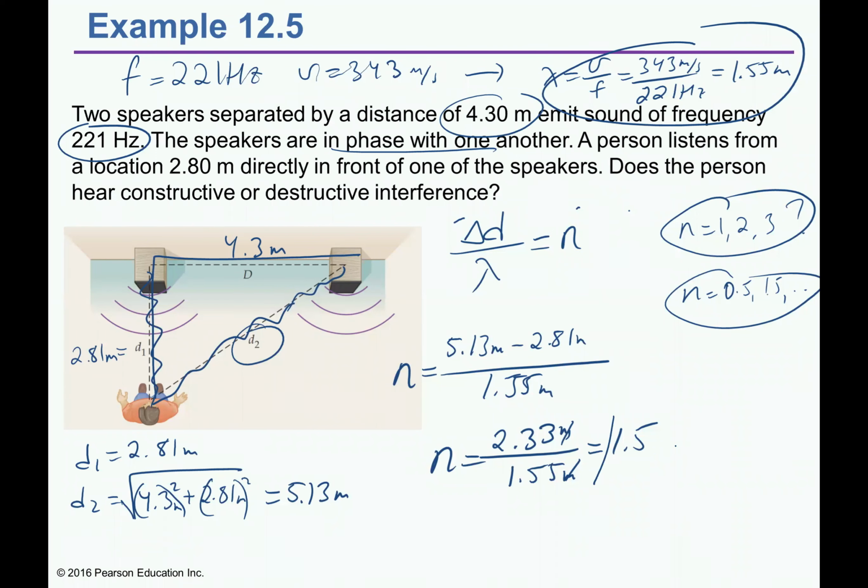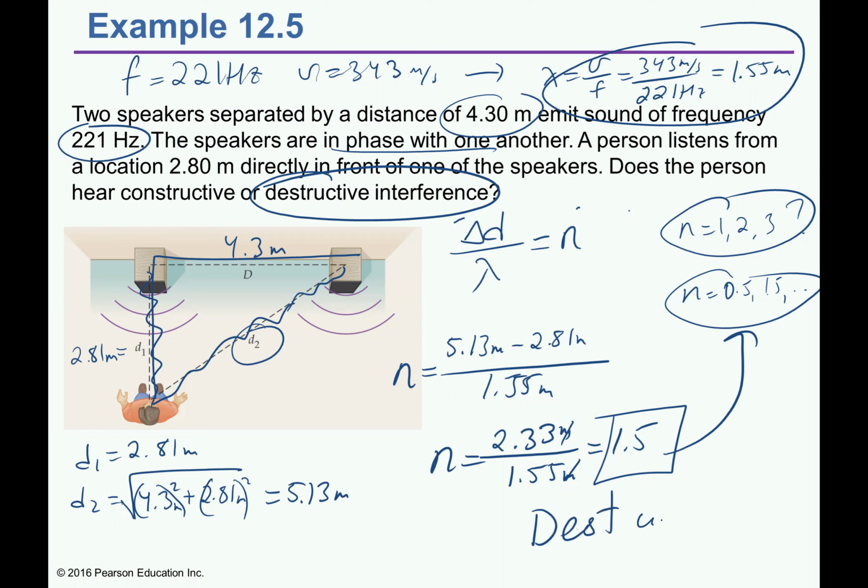So what is 1.5 in terms of type of interference? Well, remember, 1.5 means it's a destructive interference. That means the person will not hear a sound, or barely any sound, or no sound at all. Okay, that means this is destructive interference. All right.